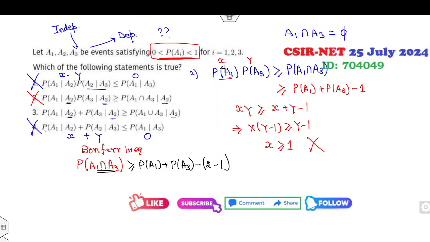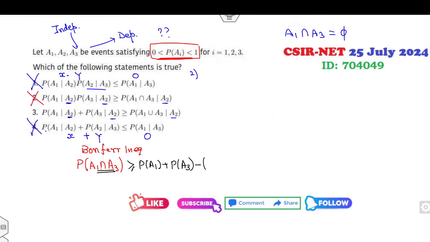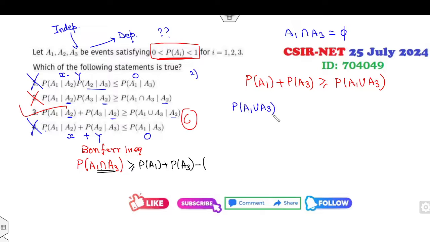The only option left is C, which is the right answer of this problem. Again, how? Very simple, because it's a conditional probability, I can write this number in this manner. Now, if I apply the union probability, what is the formula for A1 union A3? It is P(A1) plus P(A3) minus P of the intersection.